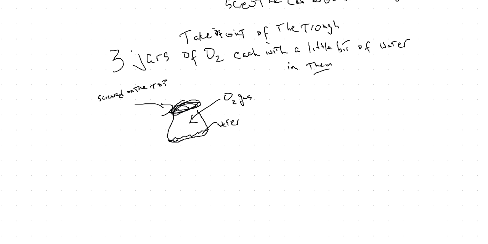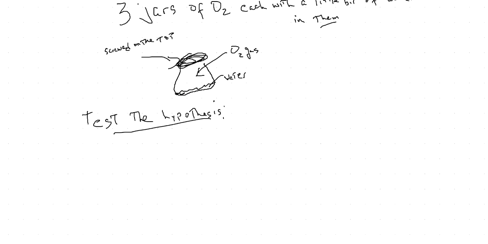So now we want to test the hypothesis. What is the hypothesis? There are 2 of them. The first is that oxides of metals, I'll underline metals, because we're going to put metals in there, dissolved in water.